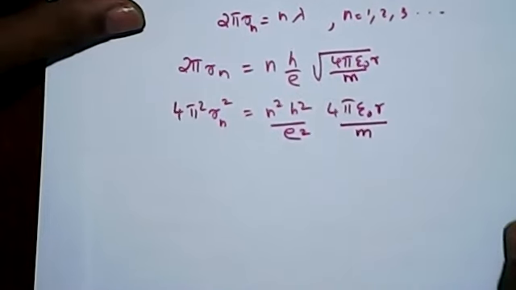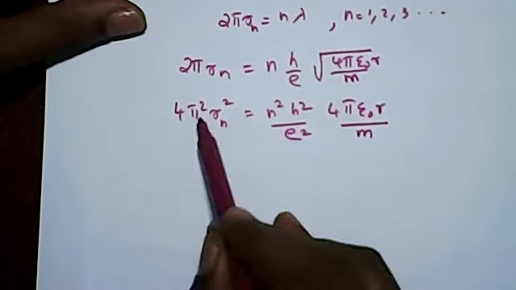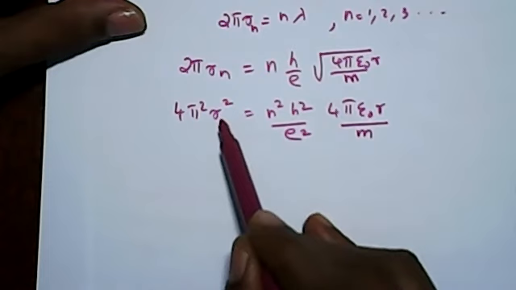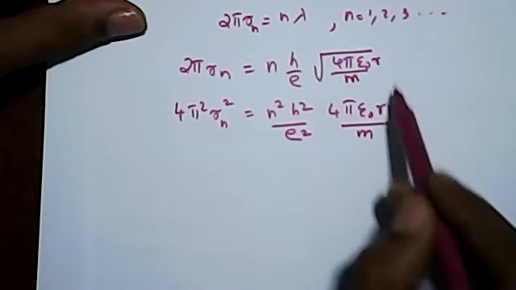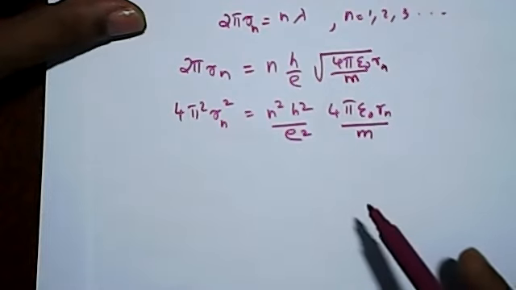Now simply cancel: 4 pi cancels here. Here also r you can write as rn, rn, rn. One rn cancels.